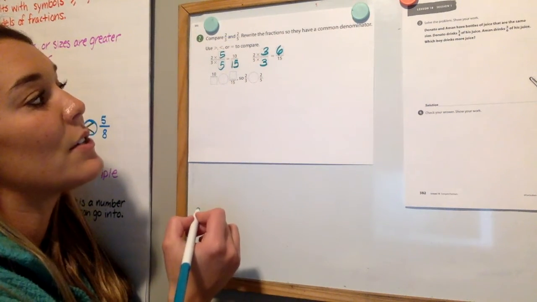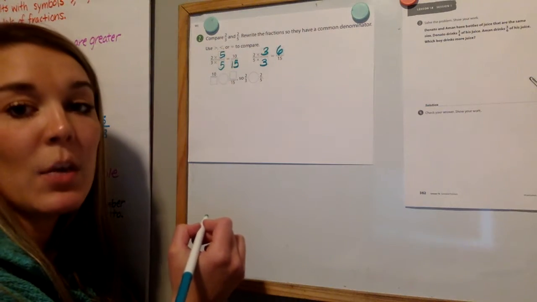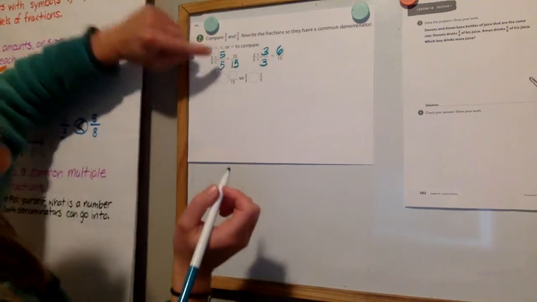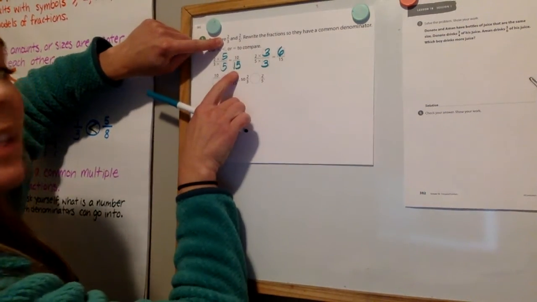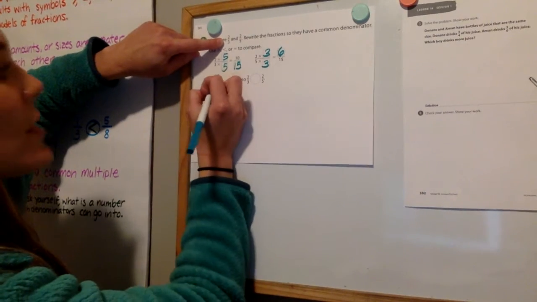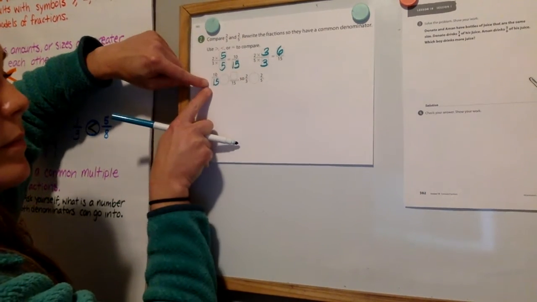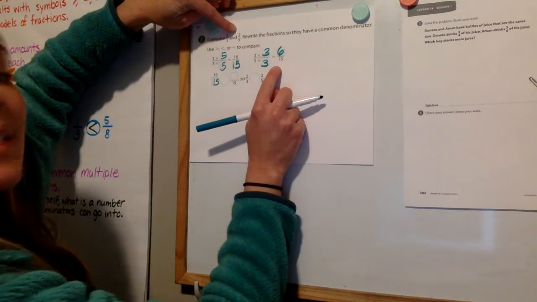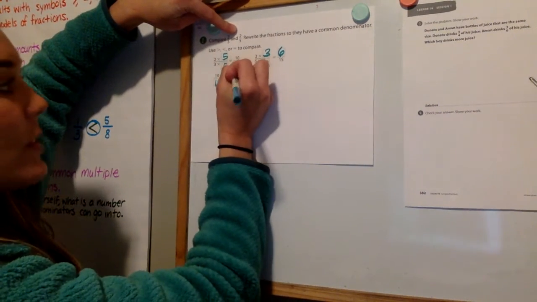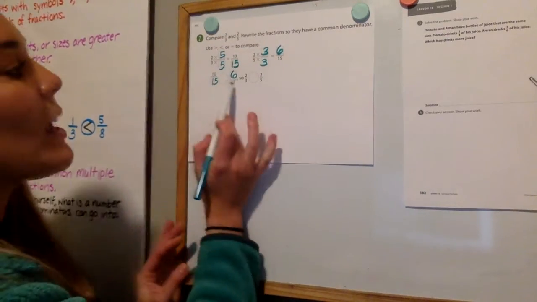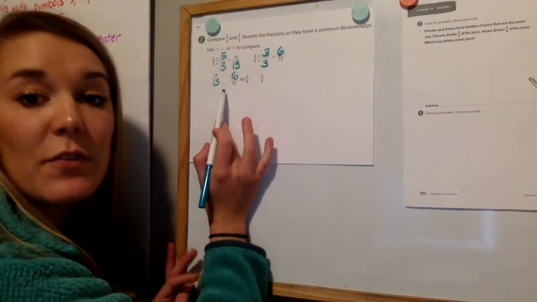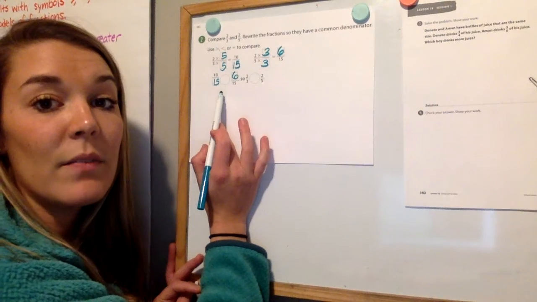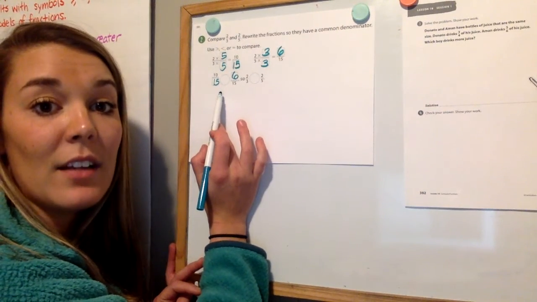Okay, so now I have my equivalent fractions. 2/3 is equivalent to 10/15. I put that in here. And 2/5 is equivalent to 6/15. When we compare these, now that they both have 15 as the common denominator, I can look at it and compare.